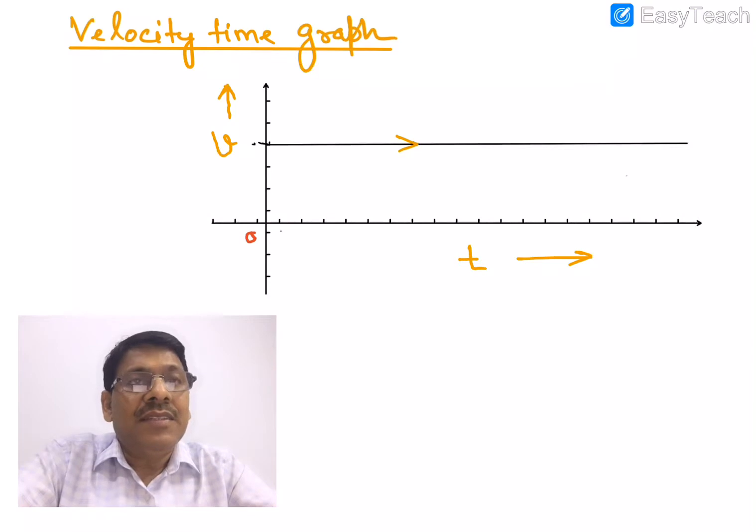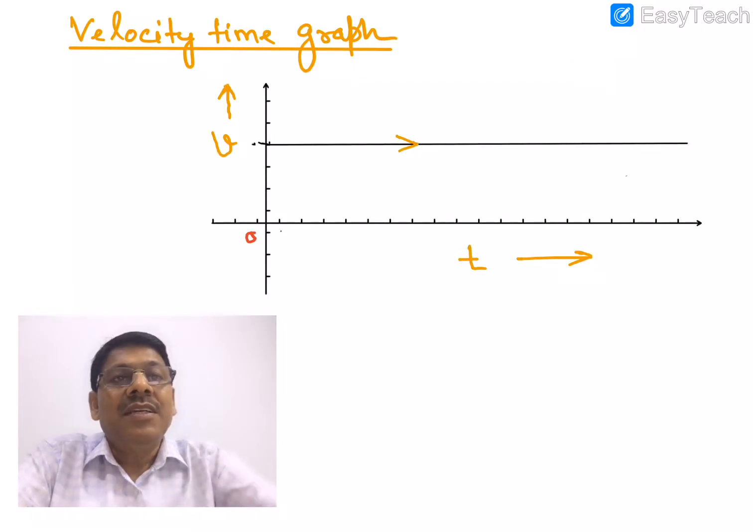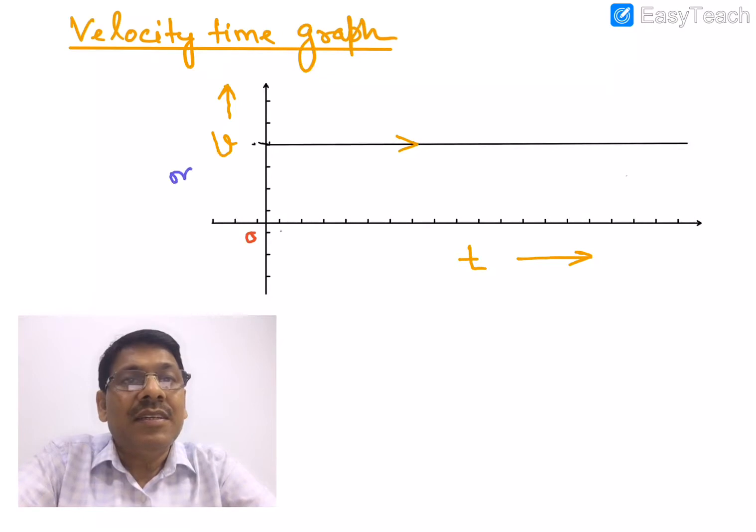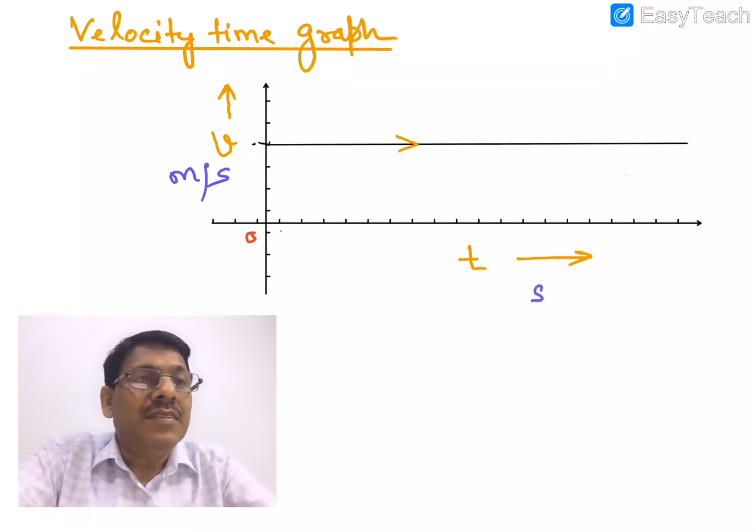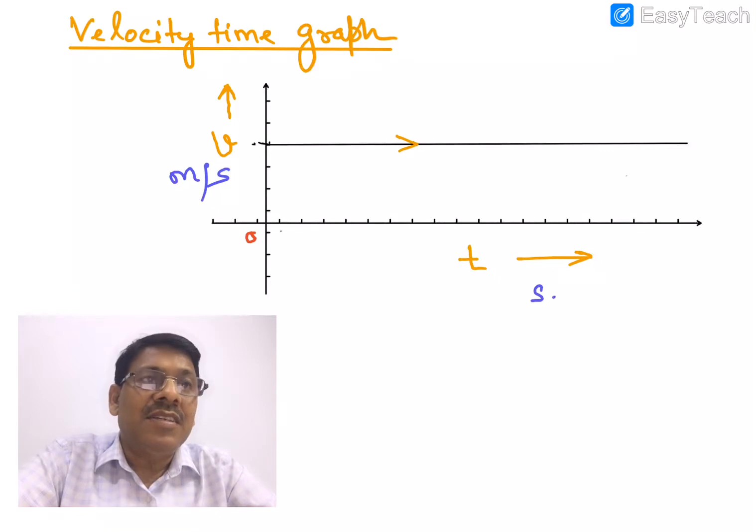We can see here the velocity time graph. In the y-axis there is velocity, the unit of velocity is meter per second, and time is in seconds. Velocity is not changing with time.